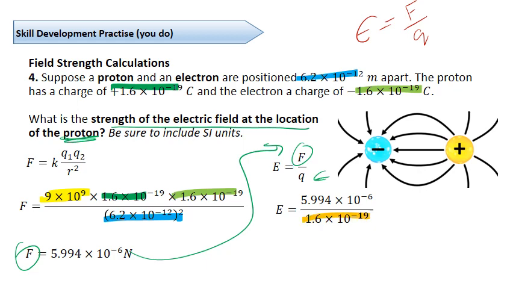That is 1.6 times 10 to the negative 19. And my force just comes from here, 5.994 times 10 to the negative 6. Substituting into a calculator, you should get 3.7 times 10 to the 13 nanocoulombs.